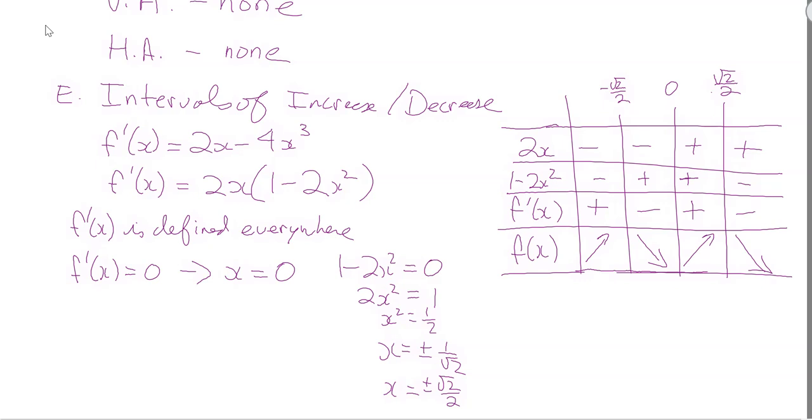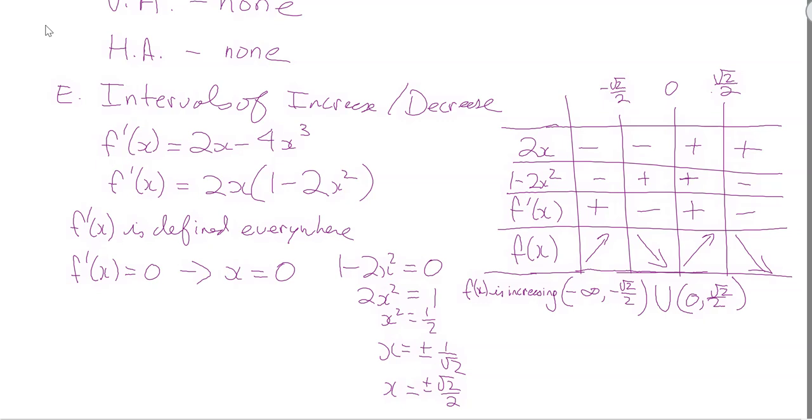So remember this one is intervals of increase and decrease, so we need to state that. So f of x is increasing from negative infinity to negative root 2 over 2, and, union, from 0 to root 2 over 2.